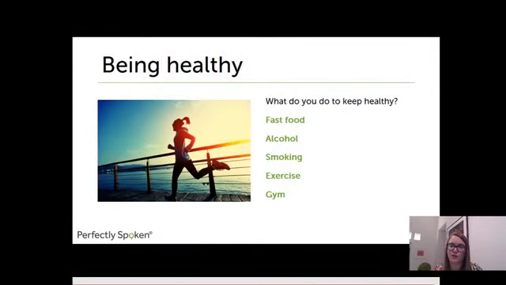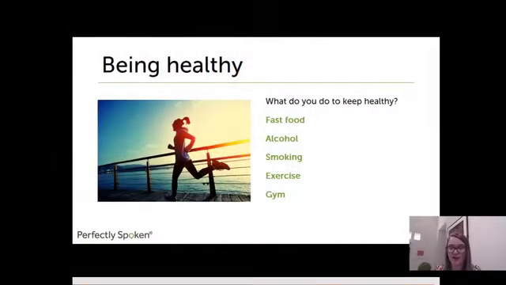So what do you do to keep healthy? I'd like you to think about these options: fast food, alcohol, smoking, exercise, and gym.